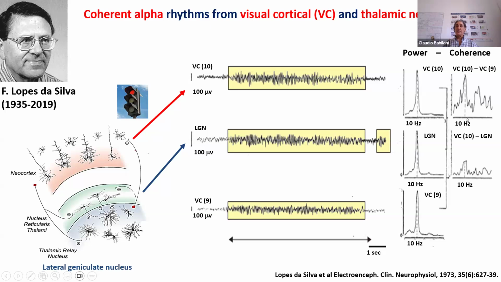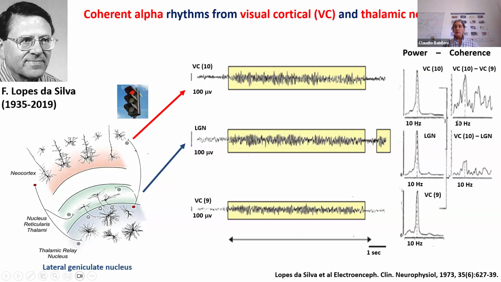And you see that there is a very high spectral coherence between the EEG activity in electrode 10 and 9. And so Professor Lopes da Silva concluded that the higher level of functional connectivity related to alpha rhythms, cortical alpha rhythms, is due to cortical connectivity.